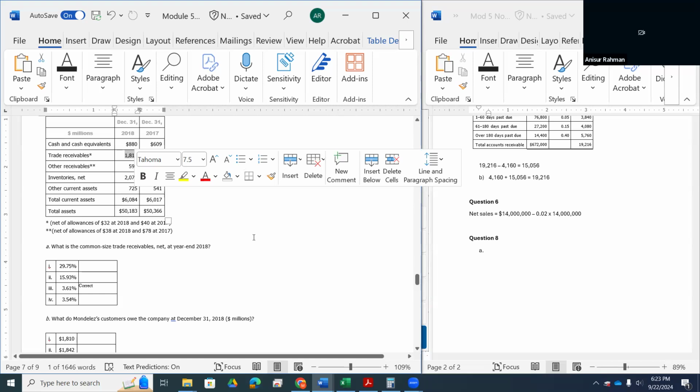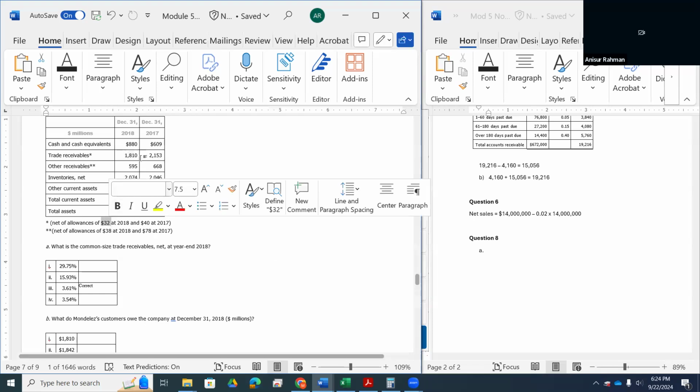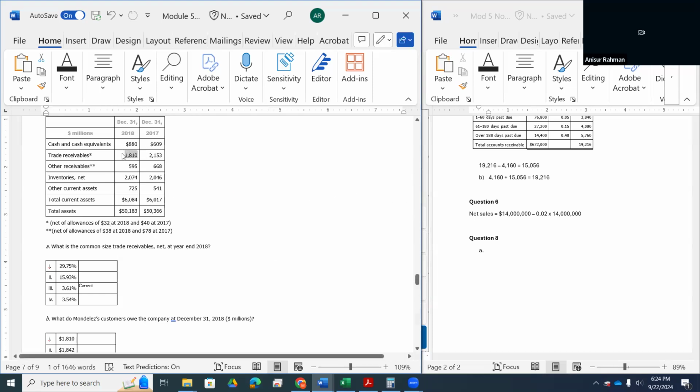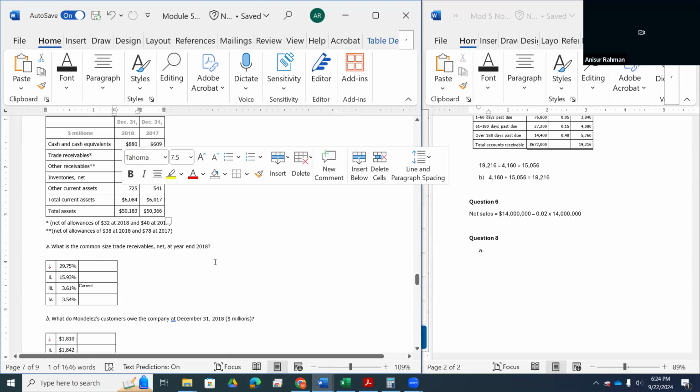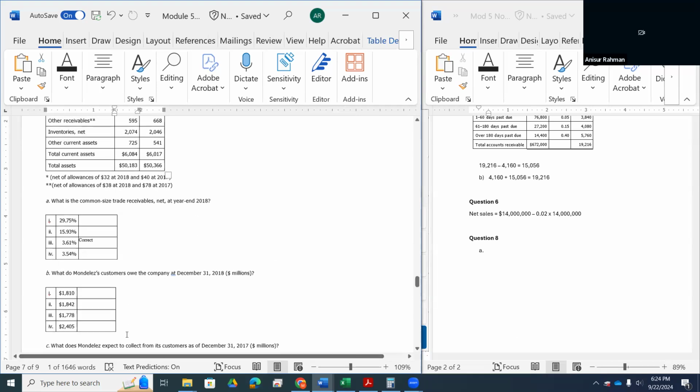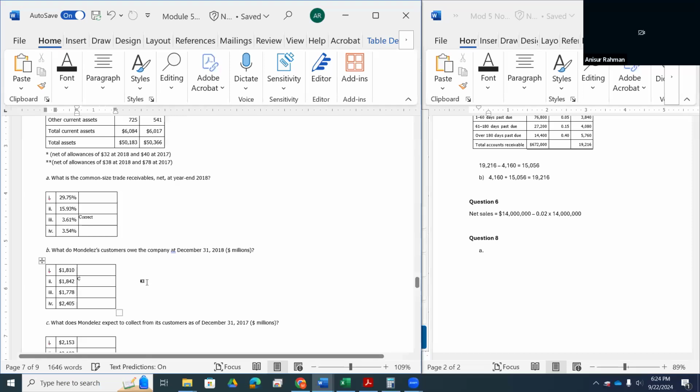The company thinks it may not be able to collect, not sure. So if we are talking about the total amount the customers owe, we have to add back the allowances. So for 2018, it is $32. So it will be 1,810 plus 32, 1,842. So this is the correct response.